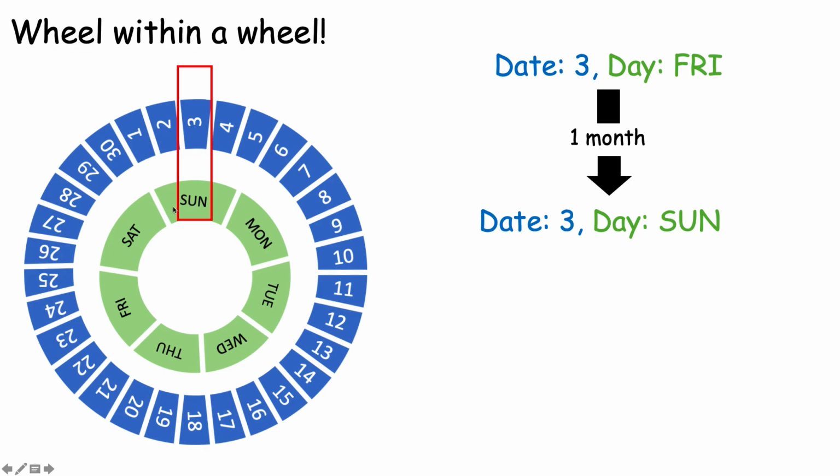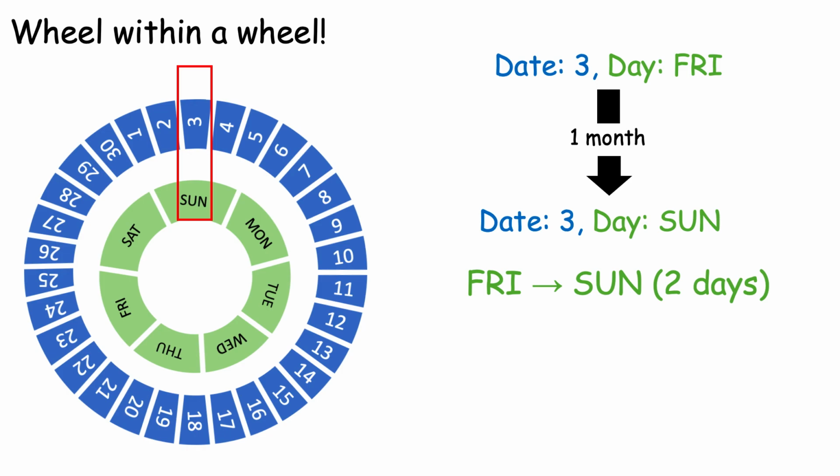So we see that this wheel has ended on a Sunday, and actually the day has moved from a Friday to a Sunday after the passage of one full month. So 2 days have gone by after the passage of this month of 30 days.